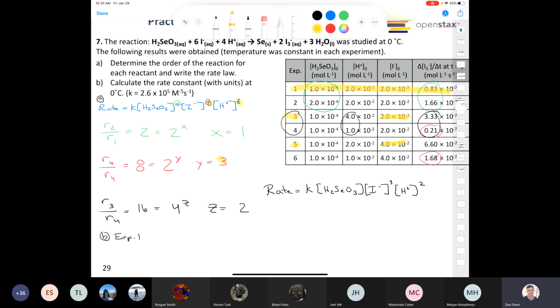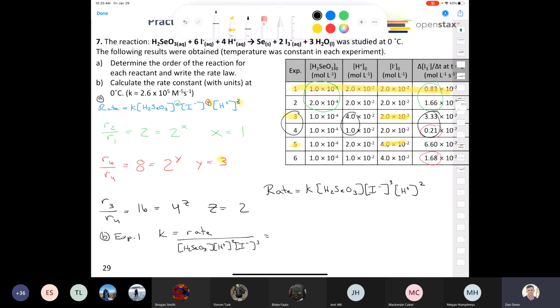And I said that K, my rate constant, is equal to the rate divided by the concentration of H2SeO3 times H plus squared. I kind of reorganized it here, I minus the 3 like that. And then I just plugged in my numbers. So I did it here.